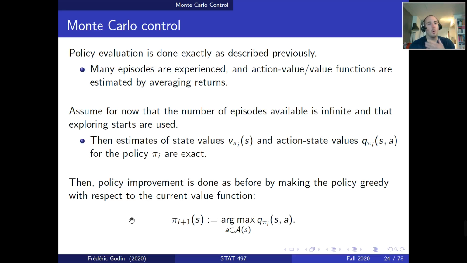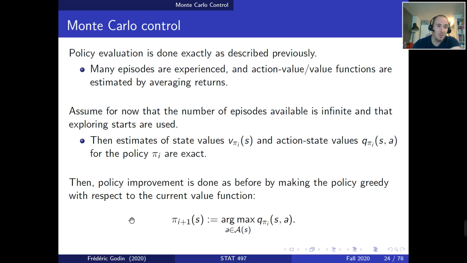The question is, how many episodes do we have to simulate? In theory, if we used an infinite number of episodes, and if we use exploring starts, which means that for every state action pair we're sure to find some episodes where that state action pair appears, then all such state action pairs will be encountered an infinite number of times.